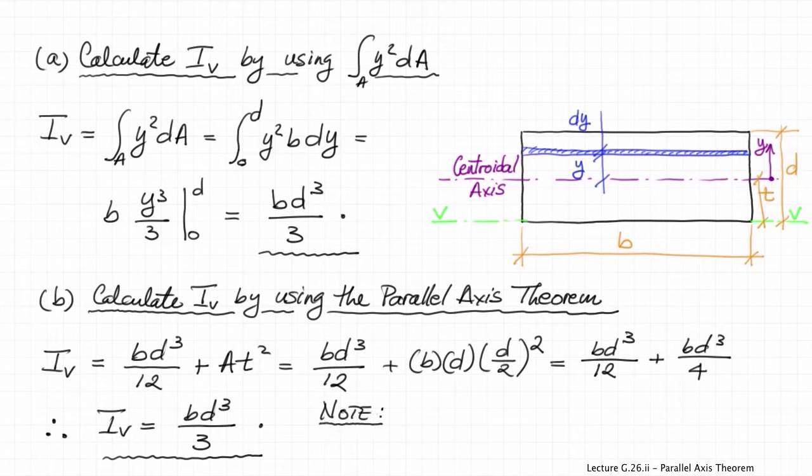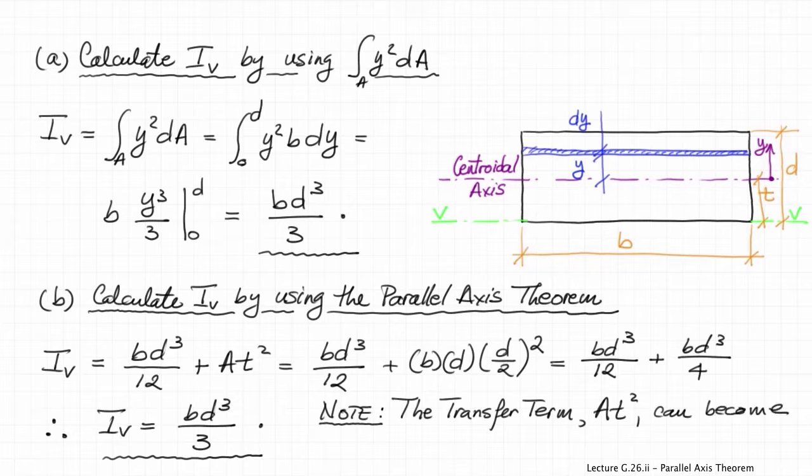So you can see a much simpler way of obtaining the same result, using the parallel axis theorem rather than integral calculation. Now, what is very important here, and you will see in the next lecture when we do an example, is that the transfer term A t squared can become very large if the distance between the two axes, the centroidal axis and the new axis, is large, because this distance will be squared, and then when we multiply this by the area, you will end up with a very large term.